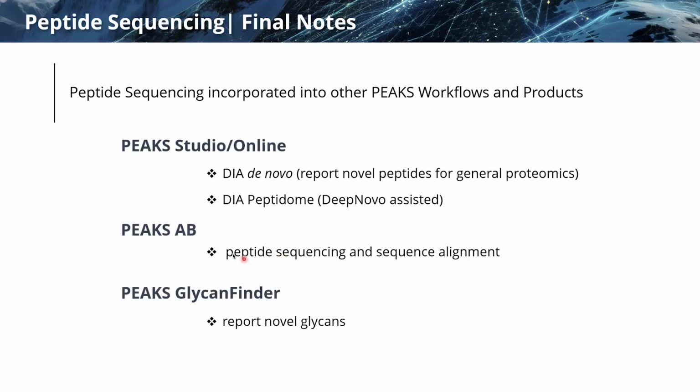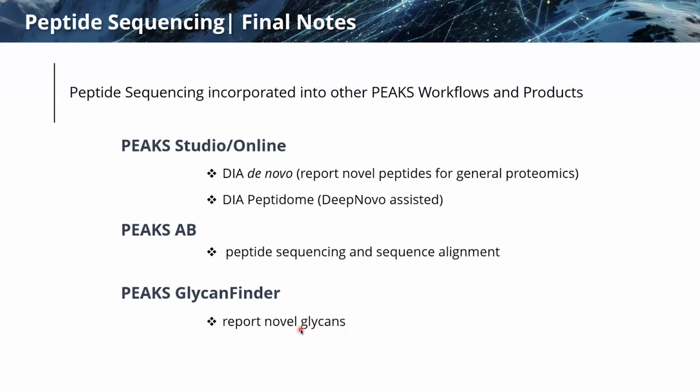And the very last point is our glycan finder also uses deep learning for sequencing, but not of the peptide part, but of the glycan part of the glycopeptide. So glycan finder can determine glycan compositions and structures using our deep learning algorithm to report novel glycans not found in the glycan database that was used for the search.